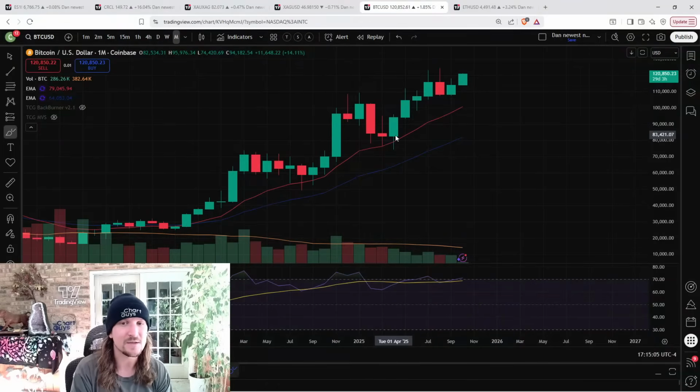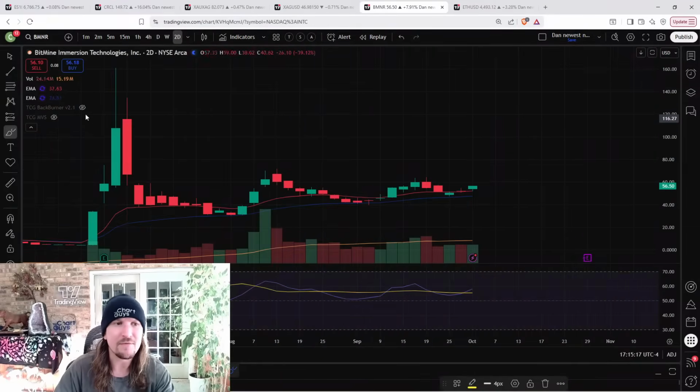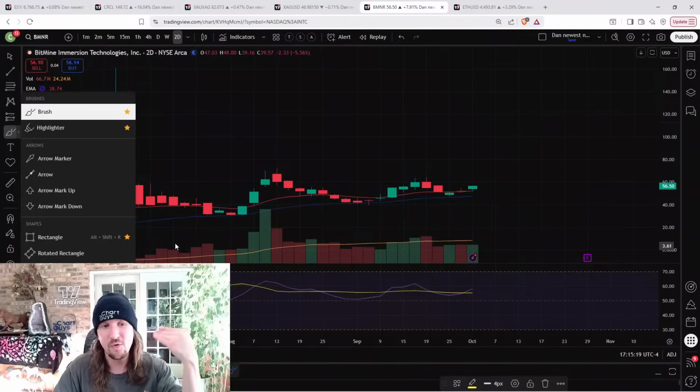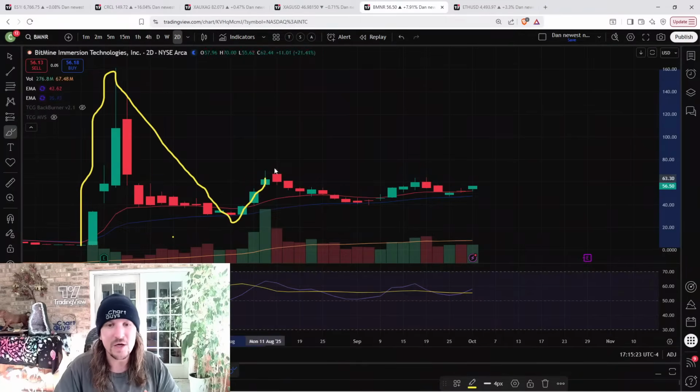Are crypto stocks going to get rotation? I love equilibriums. Google Chart Guy's equilibriums if you don't know what they are. But BMNR, 2-day time frame. I love this equilibrium. If Bitcoin and Ethereum are getting their rotation to get another leg up, we're going to look for this equilibrium to break bull.